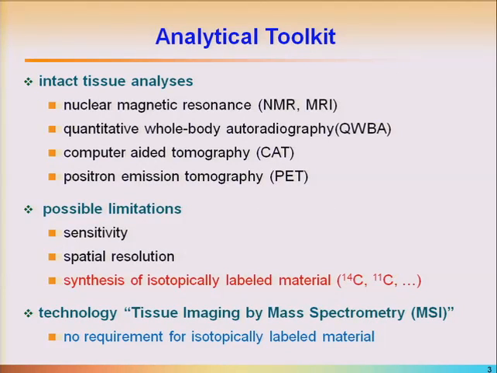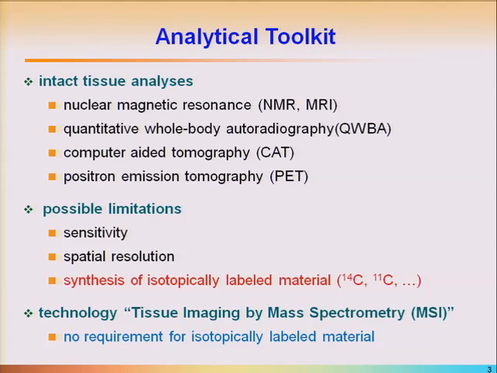For intact tissue analysis, we have quite a large analytical toolkit, which is nuclear magnetic resonance, quantitative whole body autoradiography, CAT or positron emission tomography. However, the possible limitations are sensitivity, spatial resolution, and the need to synthesize isotopically labeled material.